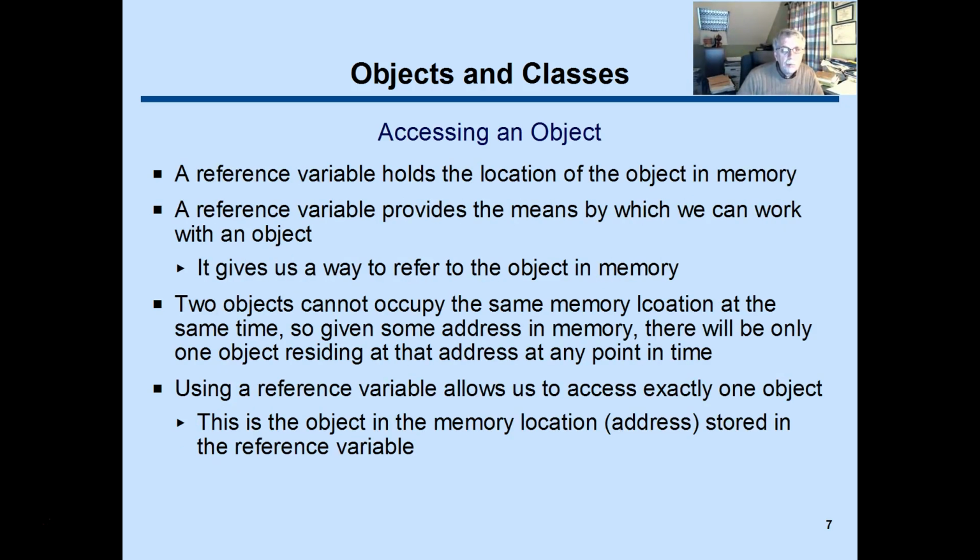Now, to access an object, a reference variable holds effectively the location of the object wherever it resides in memory. So a reference variable is the mechanism through which we gain access to the object to access its members, whether they be member variables or methods to operate on the object.